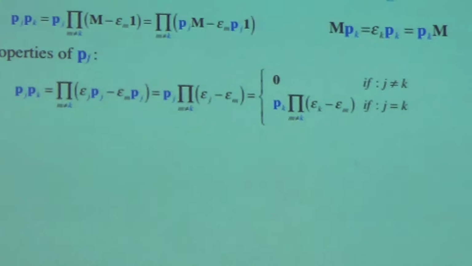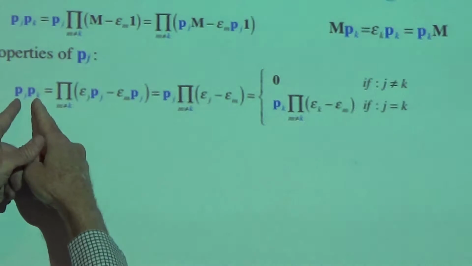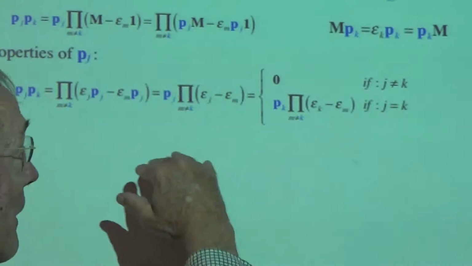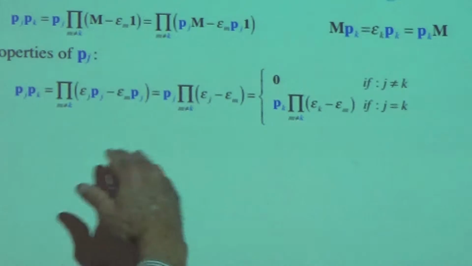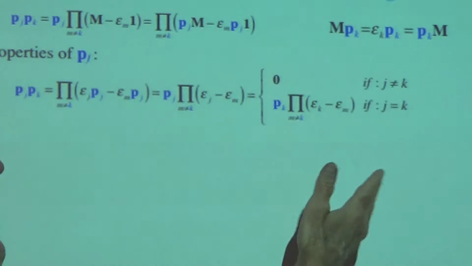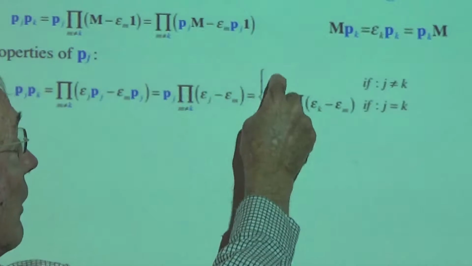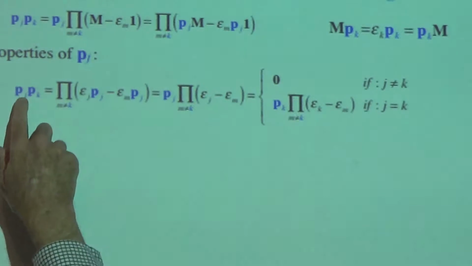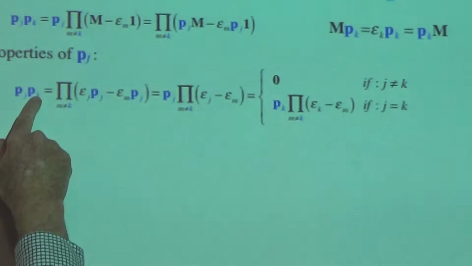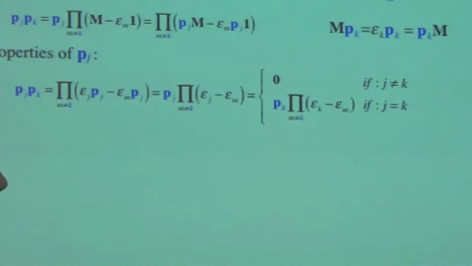Now if j and k are not equal, then I will have reconstructed, by putting these two back together again, I will contain within the construction the Hamilton-Cayley equation. That is, I will contain all the factors I need to make 0. So if j is not equal to k within this product, it will automatically give 0.